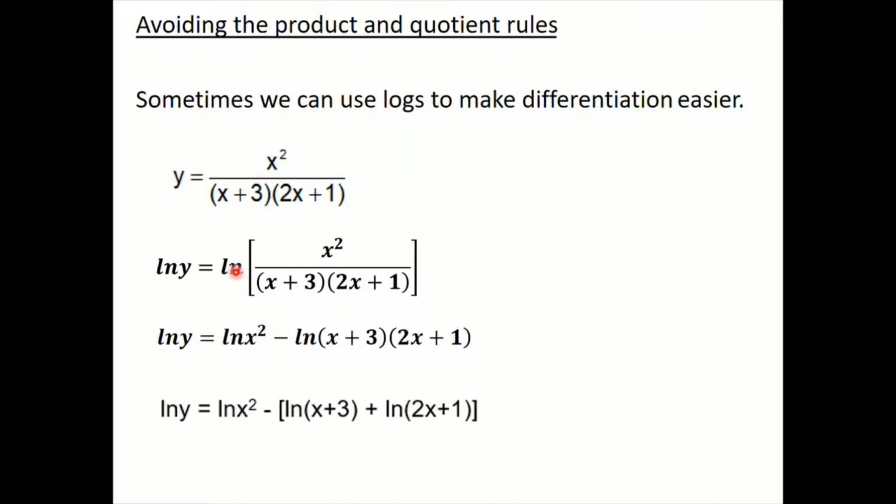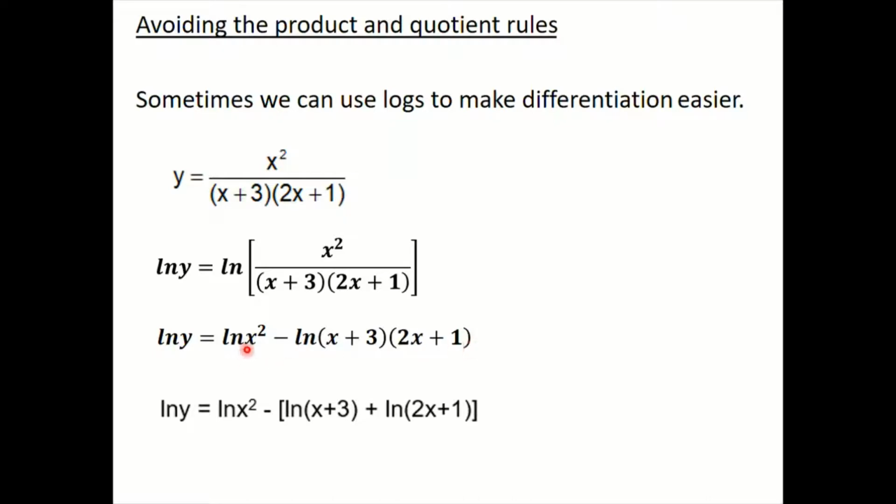So if we do that, taking natural logs of both sides, and then using our rules of logs, remember when we have a log of a quotient, what we can do is take the natural log of x squared minus the natural log of whatever is in the denominator.